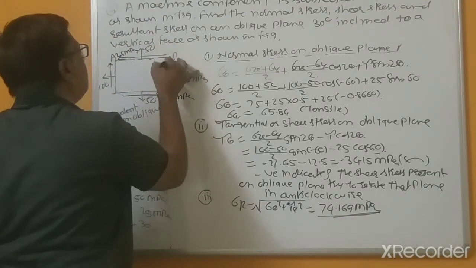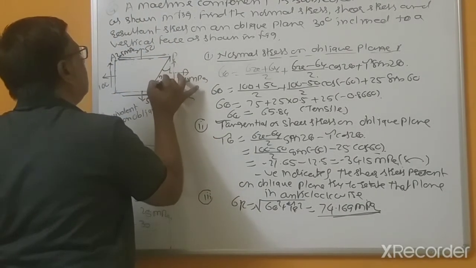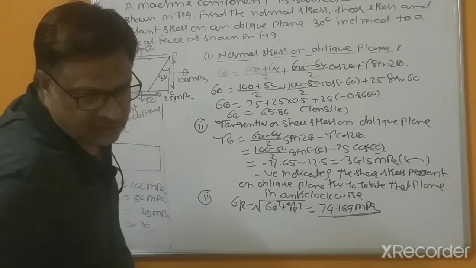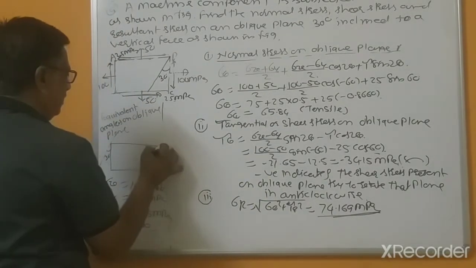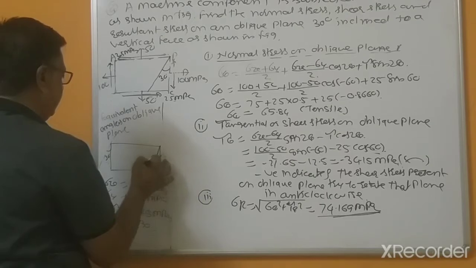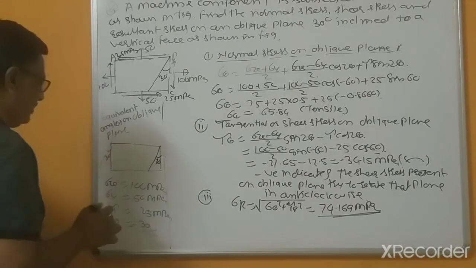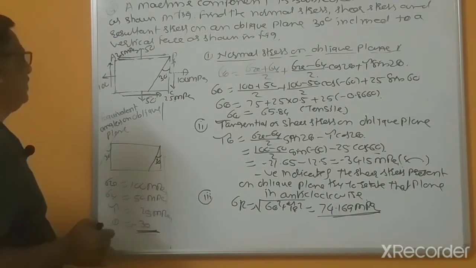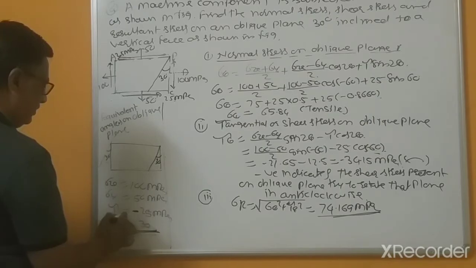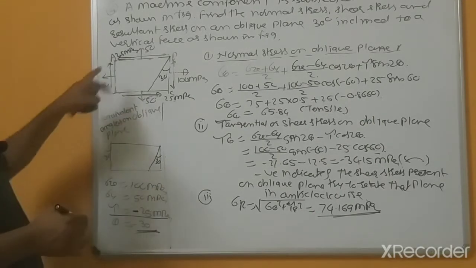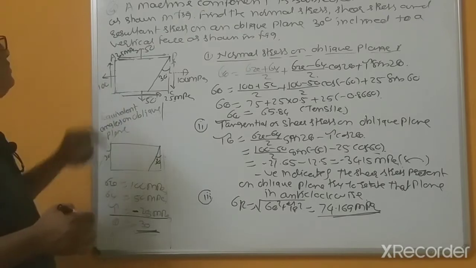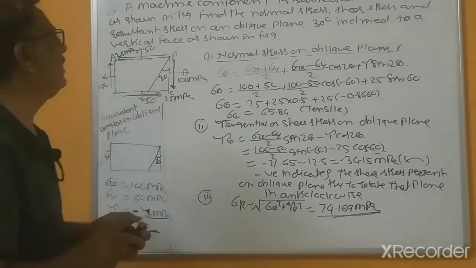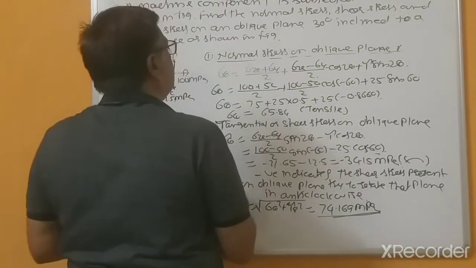This is equal to 30 degrees. So again we have to shift this 30 degrees. That's why this is minus 30, because this is outside, and this shear stress is negative because it is towards the left side. So now I will change.